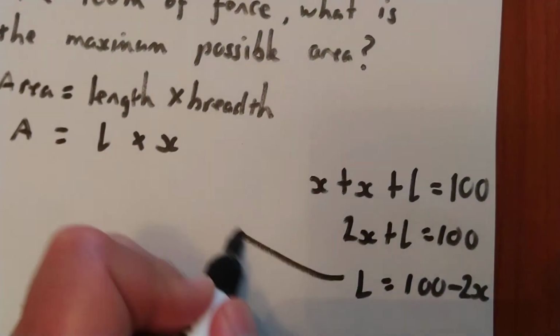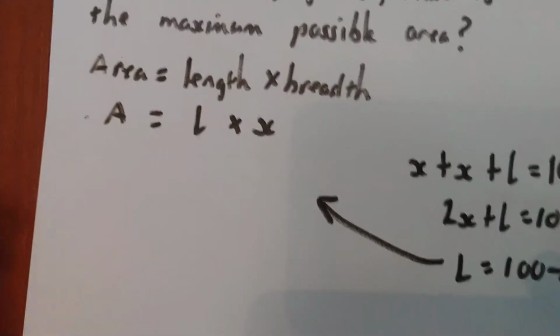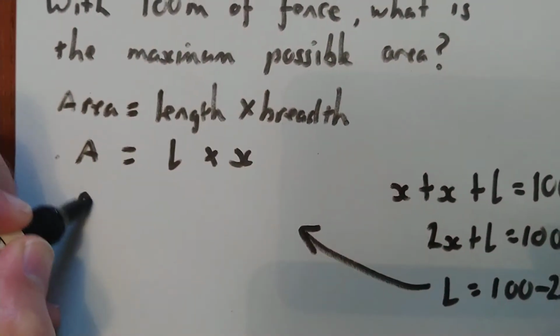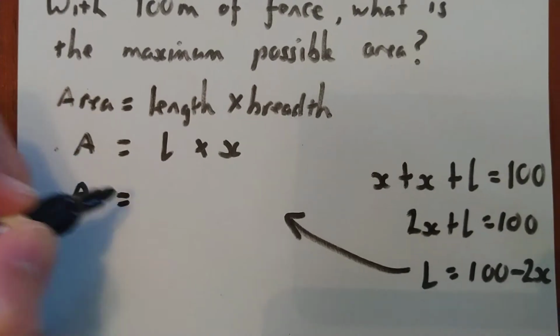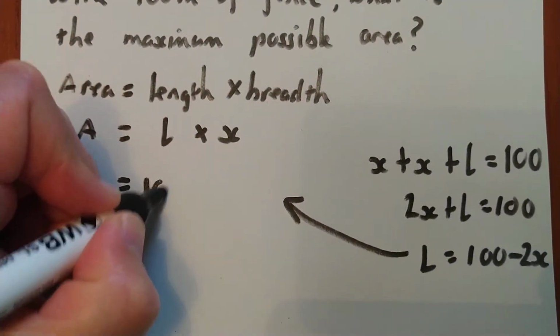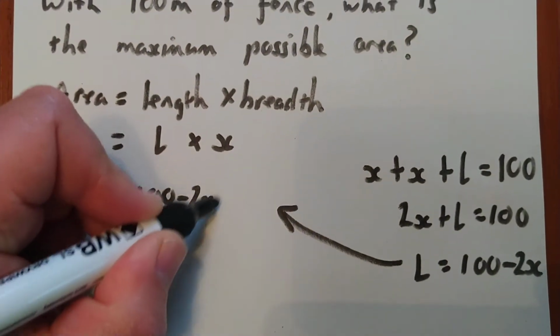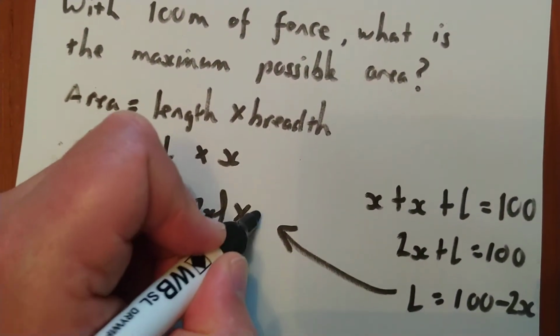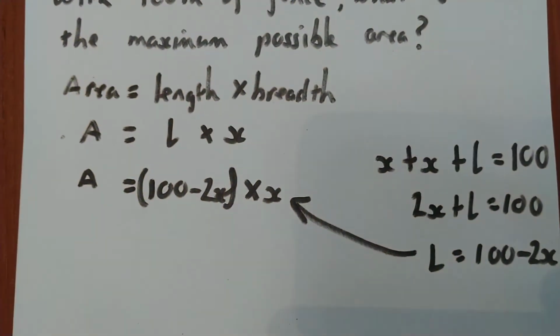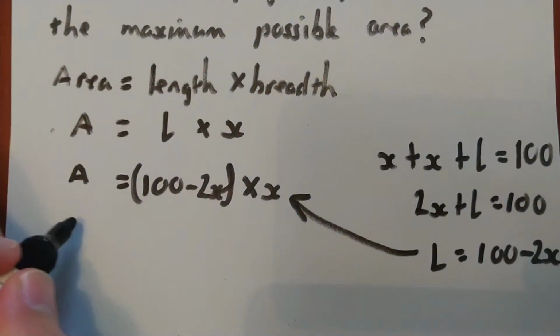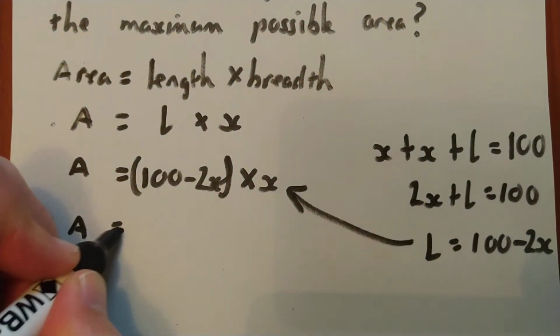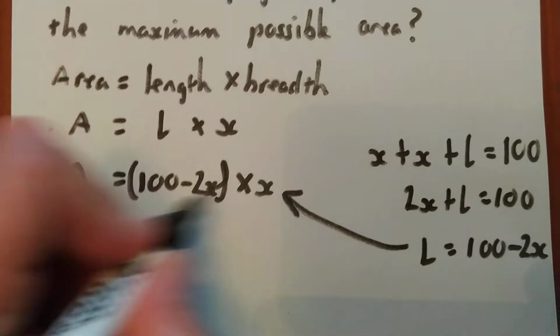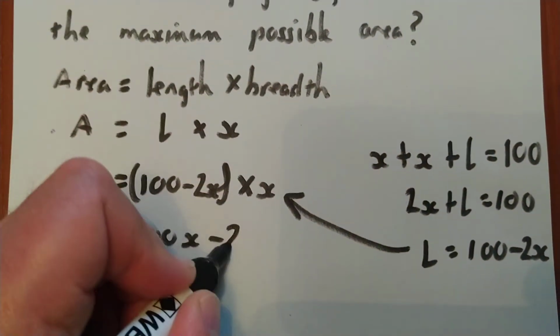So I'm going to take this over here and say, oh, I now see that area equals 100 take away 2X times X. Let's break the brackets. Area equals 100, multiply everything by x, take away 2x squared.